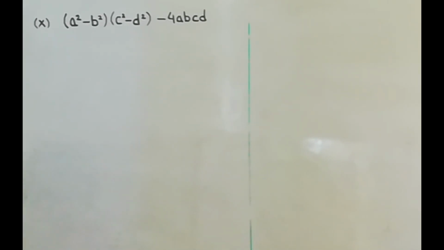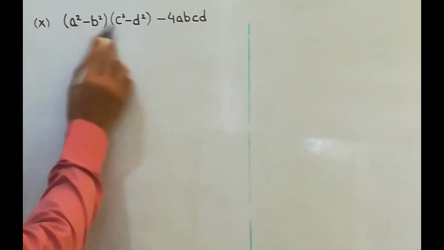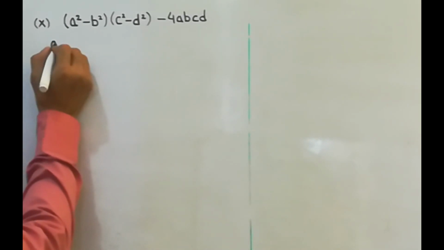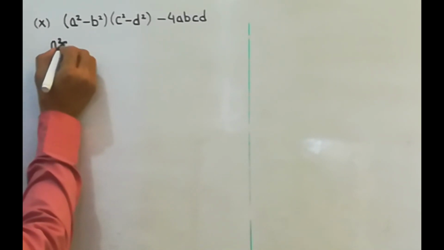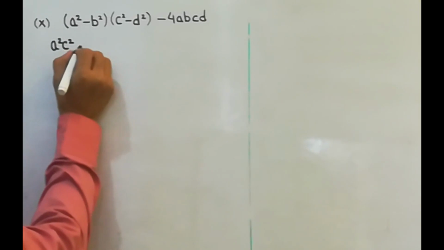Let's open this group here. A square, C square, and so on.